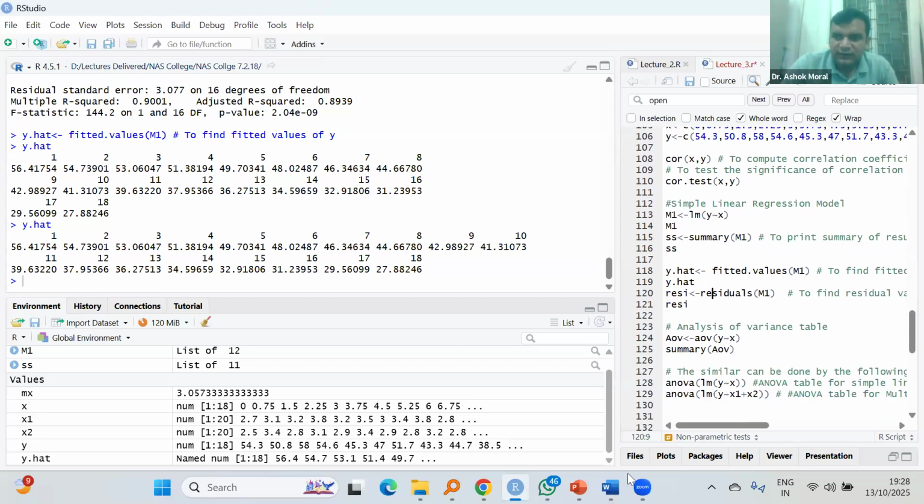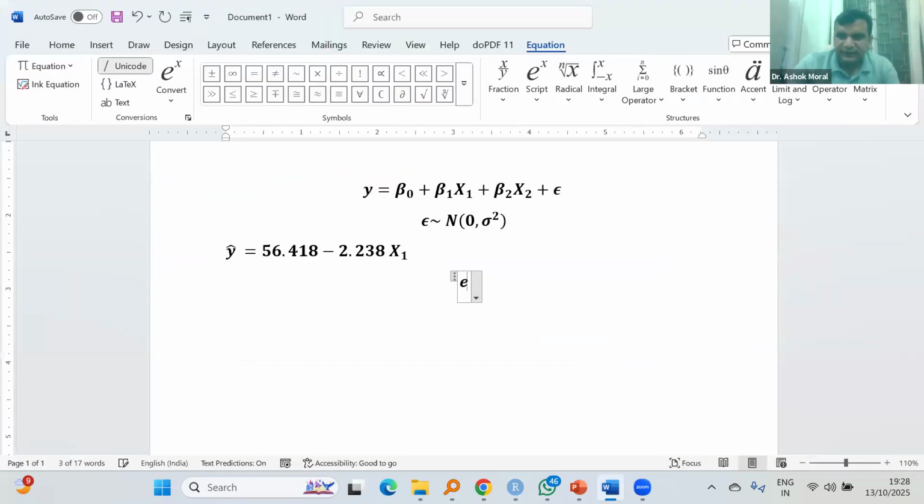What is residual? Residual is e is equal to y minus y hat, or it is equal to y hat minus y. या तो y minus y hat कह दीजिए या y hat minus y कह दीजिए, difference. And that's why it is a difference between these two numbers.